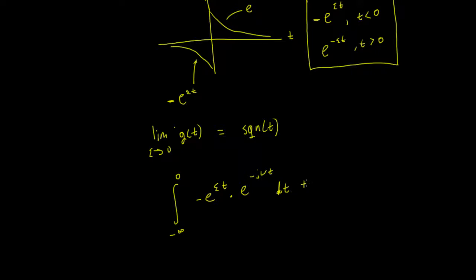And we're going to add on the Fourier transform for this function here, which will be the integral from 0 to infinity of e to the minus epsilon t times e to the minus j omega t dt.